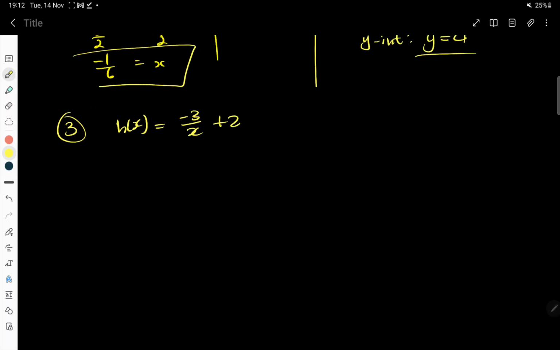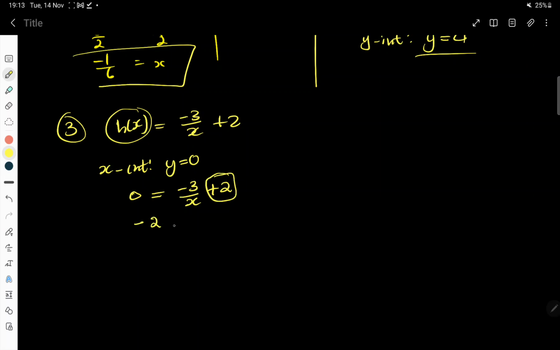How do you find the x-intercept? For x-intercept, let y be 0. Remember, you put a 0 there. 0 is equal to negative 3 over x plus 2. Then you transpose the 2, so negative 2 is equal to negative 3 over x. Here, you must have a fraction on both sides of the equation.